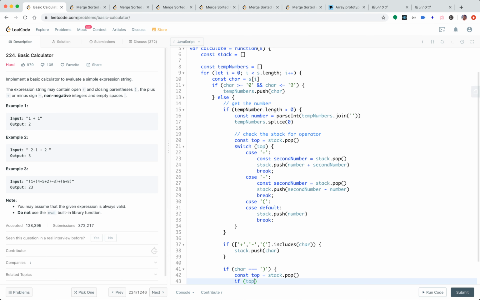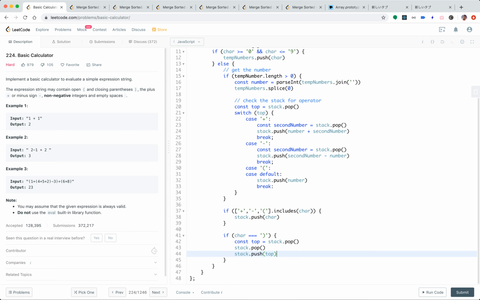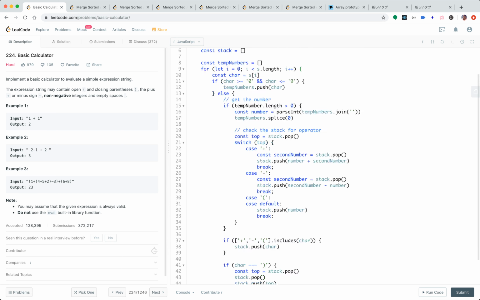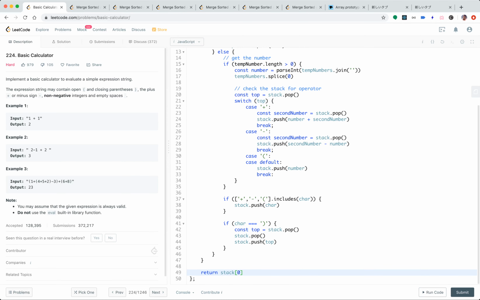Because in our case there should be only one number there, so top and then stack top, stack push top, and then finally return stack 0. Am I right? Okay, for this case 1 plus 1, yeah, okay, it's definitely right.